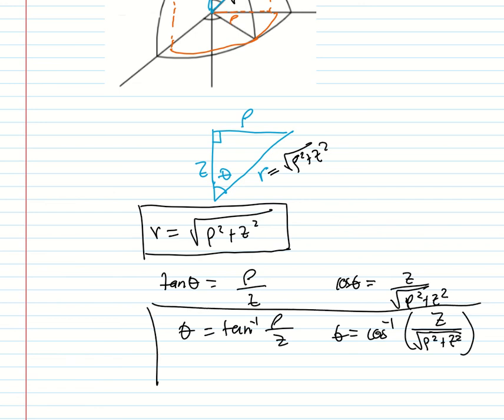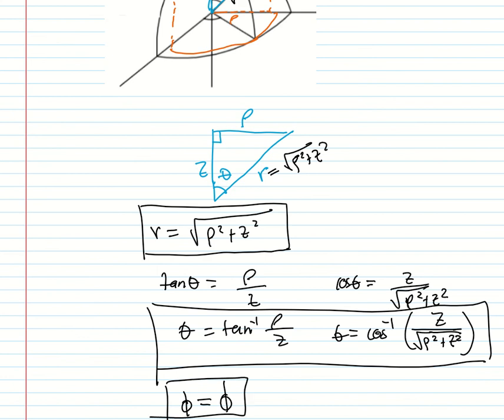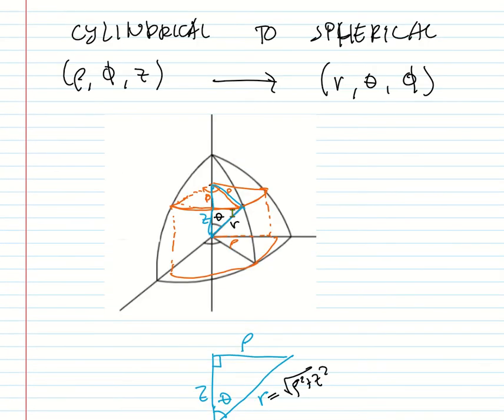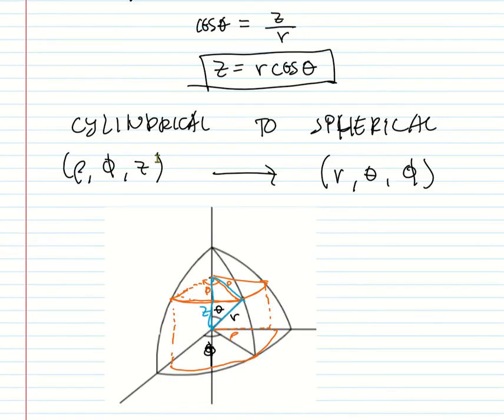So we can use those formulas to solve for theta. And for phi, again, that's the same. Phi is just equal to phi in the cylindrical, because this is also the phi in the cylindrical coordinate system, and this is also the phi in the spherical coordinate system. So this is how we convert from cylindrical to spherical.